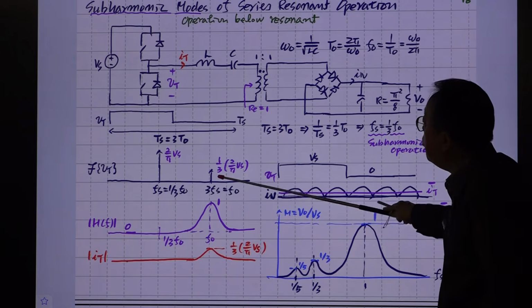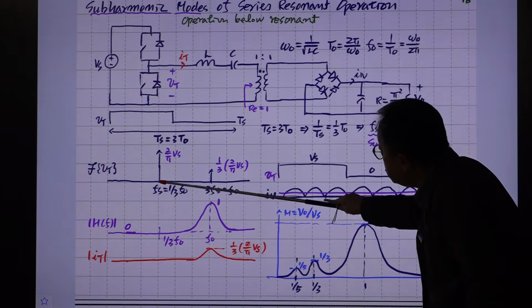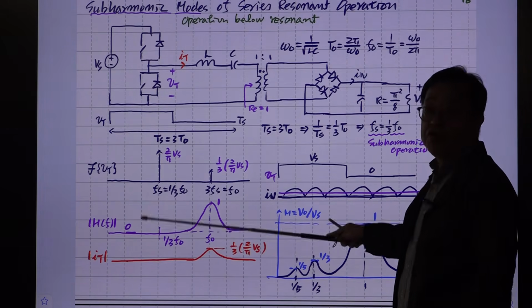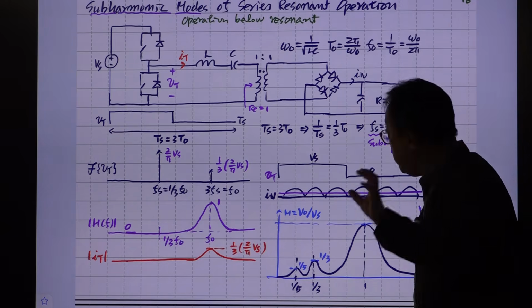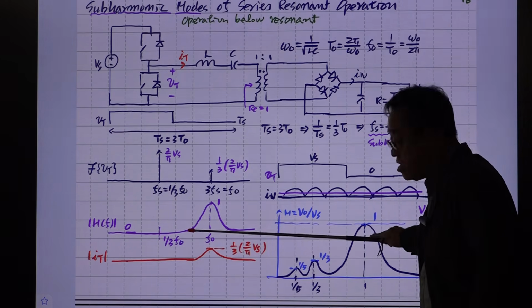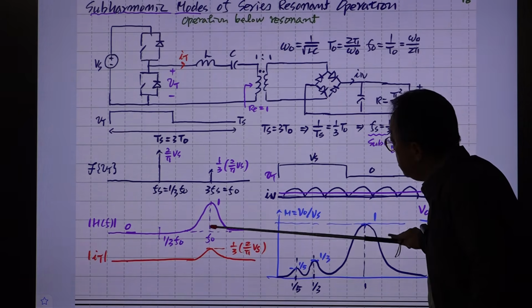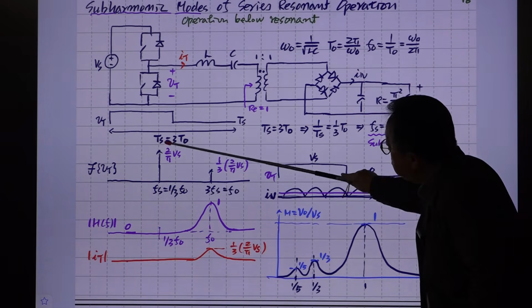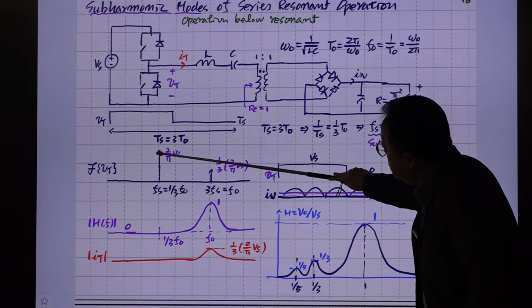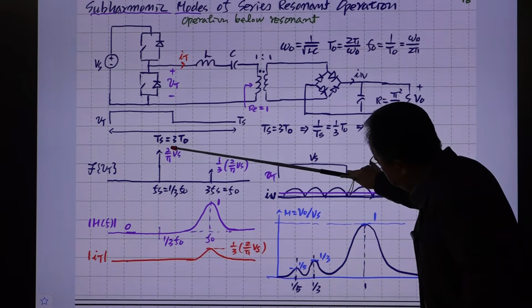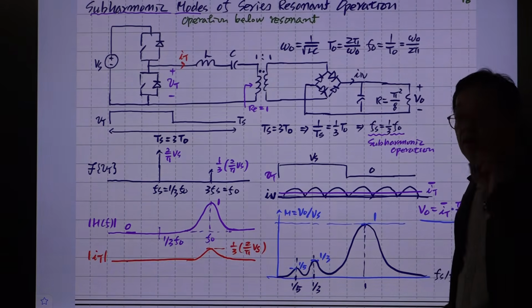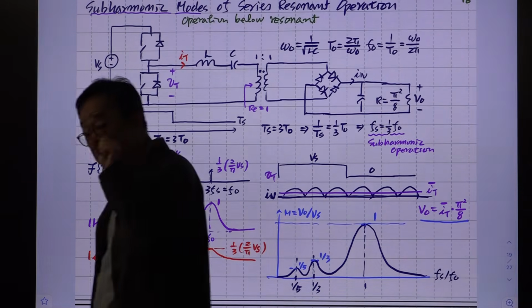So the third harmonic at this switching frequency, which is 1/3 of the resonant frequency, will excite this resonant tank. The magnitude at the fundamental frequency is 2 divided by pi, but for the third harmonic you have a factor of 1/3.